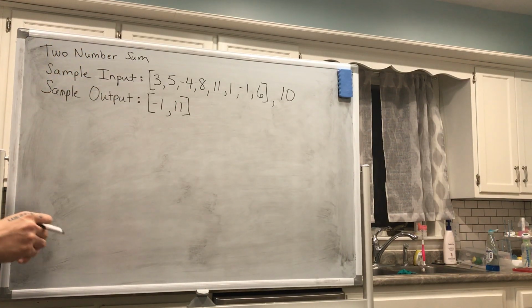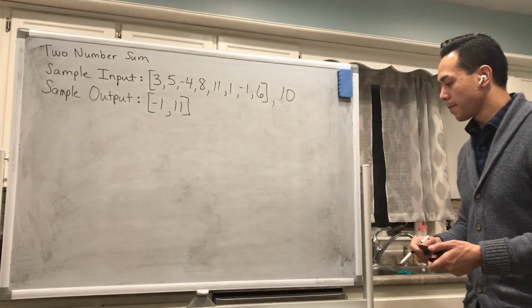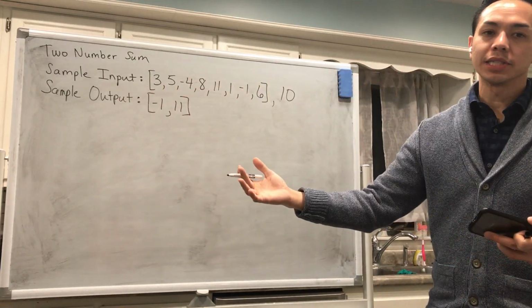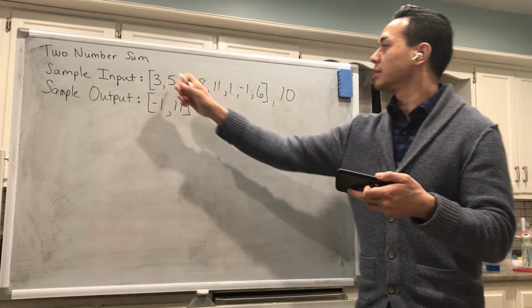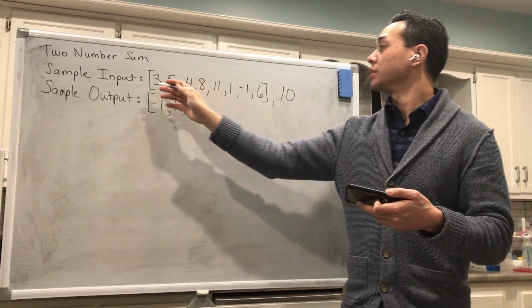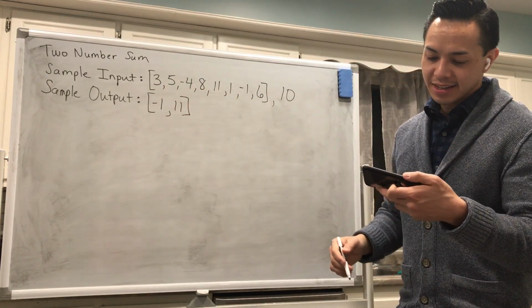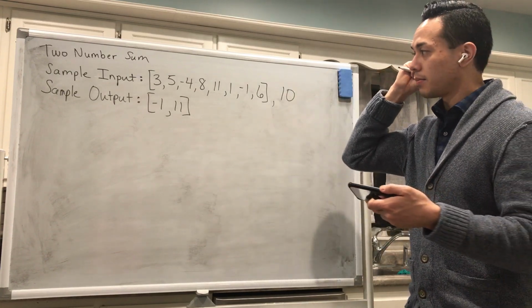Okay, so if you look at that problem description underneath the video and go over the prompt again, it says write a function that takes in a non-empty array, so this input here, of distinct integers, meaning that none of those are alike, and also an integer representing a target sum.